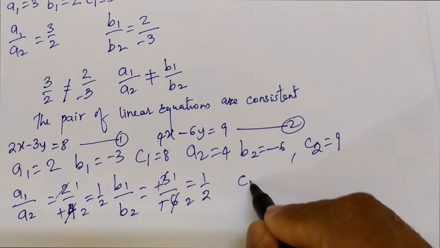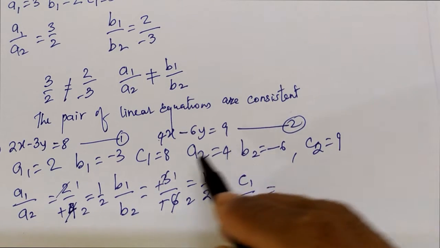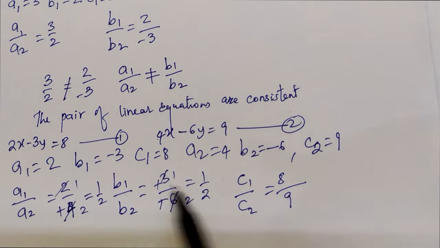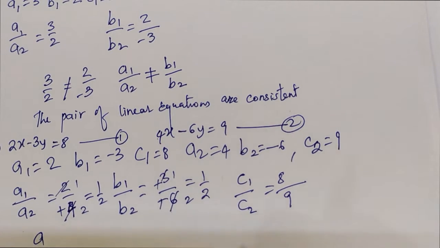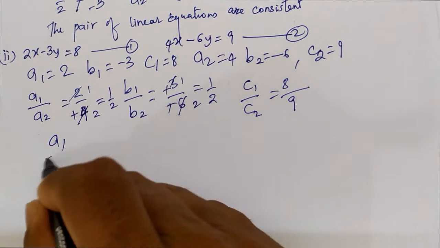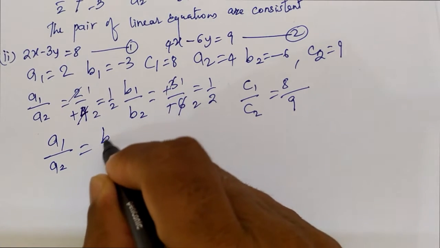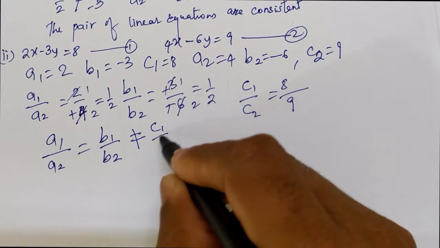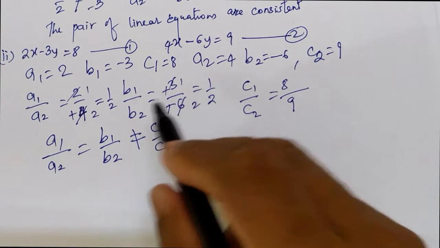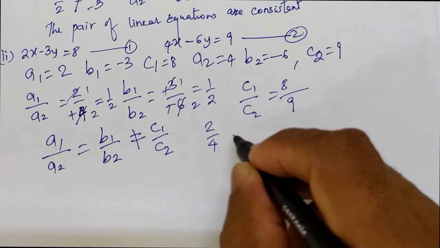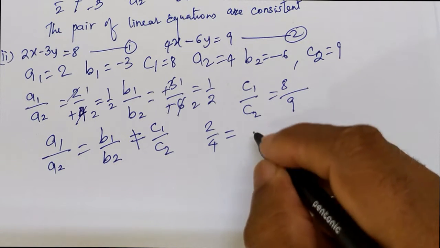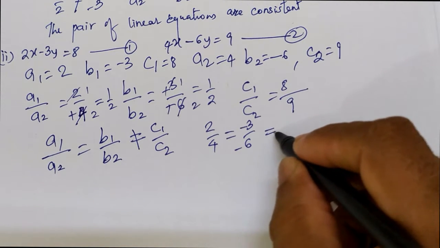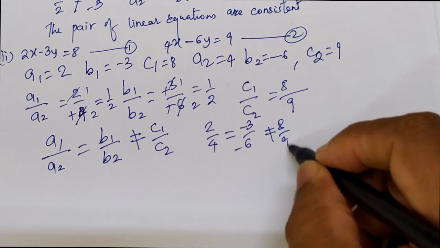So we'll check C1 upon C2. C1 is 8 and this is 9. So we can see A1 upon A2 is equal to B1 upon B2, and this is not equal to C1 upon C2. That is, we can write it like this also: 2 upon 4 is equal to minus 3 upon minus 6 is not equal to 8 upon 9.